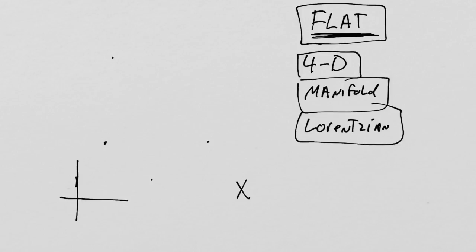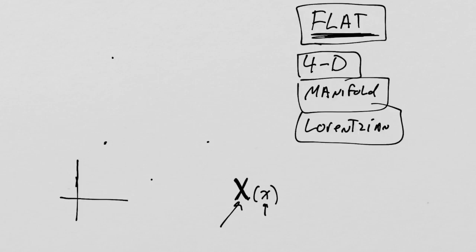I'll call it the first function X, and then I'm going to call the points in spacetime little x. This is a little confusing, because I guess I should have a bold x, but this little x represents the coordinates of a point in spacetime, and this represents the vector field.